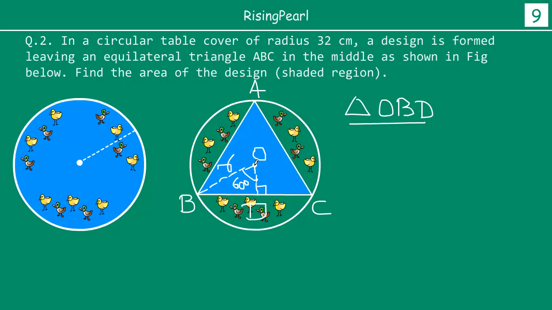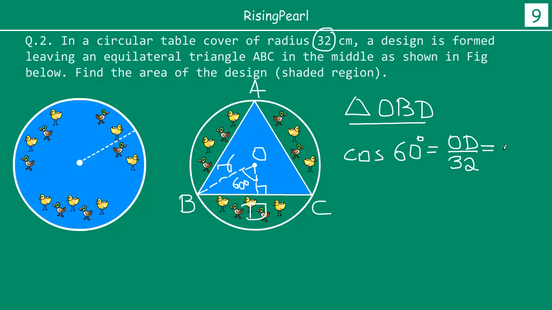So if we apply the trigonometric ratio, cos 60 degrees, because this angle is 60, cos 60 is the adjacent side, which is OD, divided by the hypotenuse, which is R, and R's value is 32.